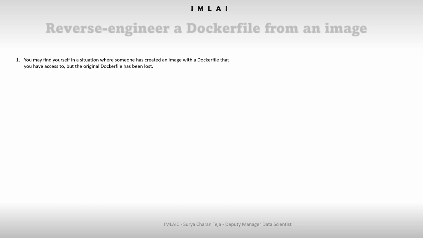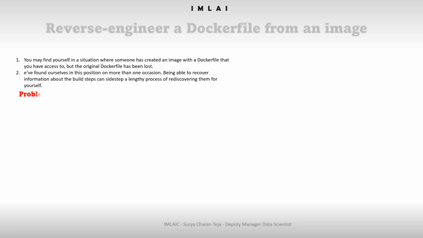We might have found ourselves in this position on more than one occasion. Being able to recover information about the build steps can sidestep a lengthy process of rediscovering them for yourself.